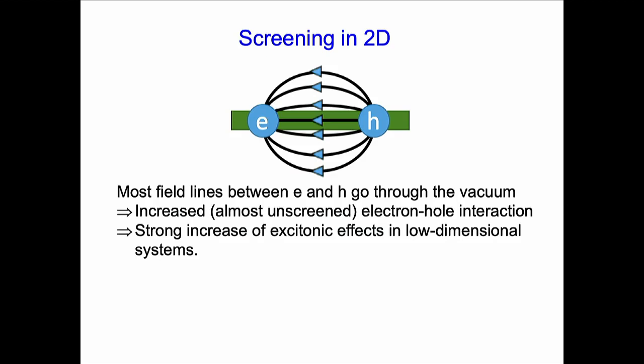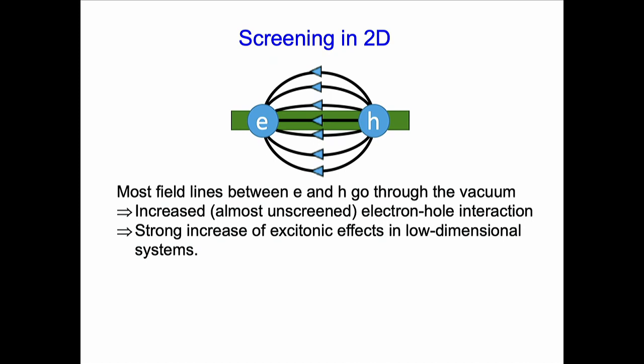So this means that we have a strongly reduced screening, or an almost unscreened interaction between the electron and the hole. And remember that the screening goes like 1 over epsilon squared in the Rydberg constant. So if we reduce the screening, again we will increase the binding energy between the electron and the hole, so the excitonic binding energy.